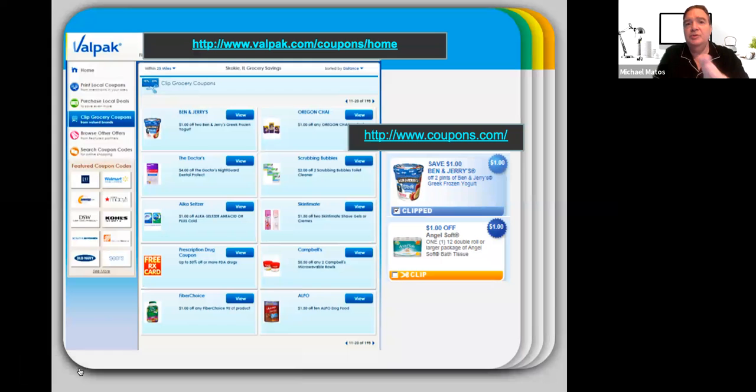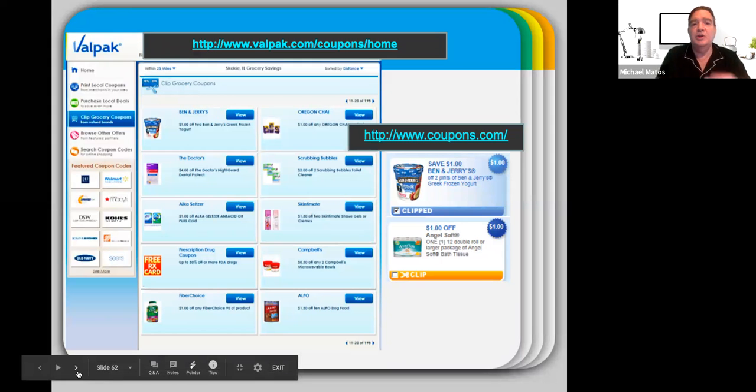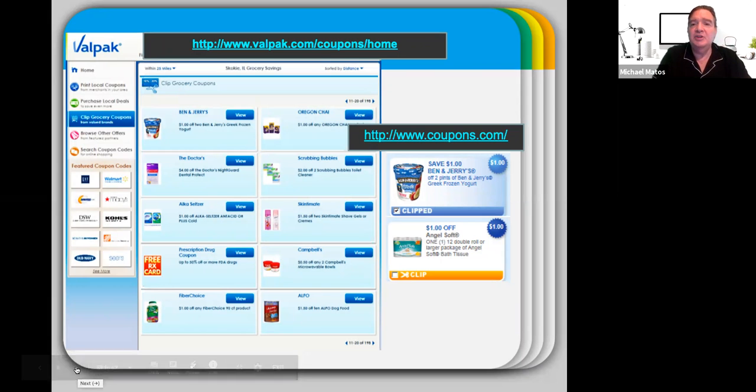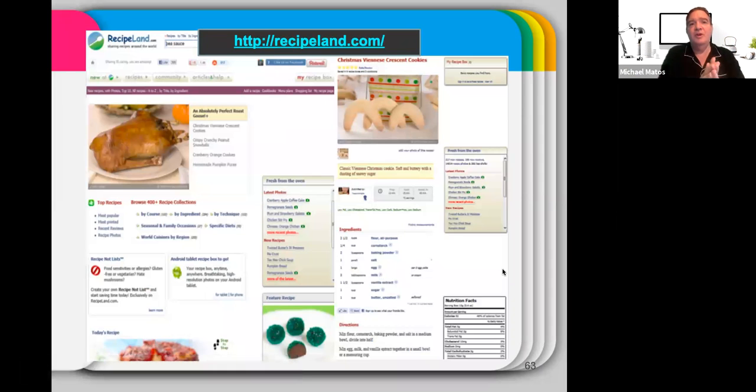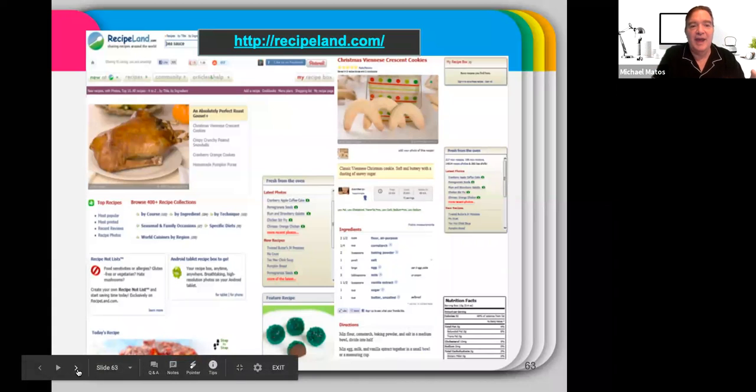I've also used coupon sites where you could add the coupon and see the coupon there. You can look at the stipulations of the coupon and solve that. The recipes, you can take recipes and convert them. This is called Recipe Land, and there are hundreds of thousands of recipes on here, and it's free to access most of them.